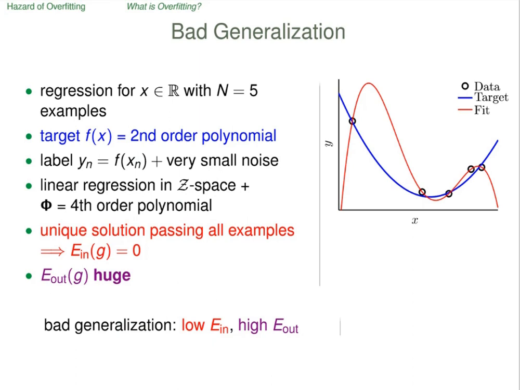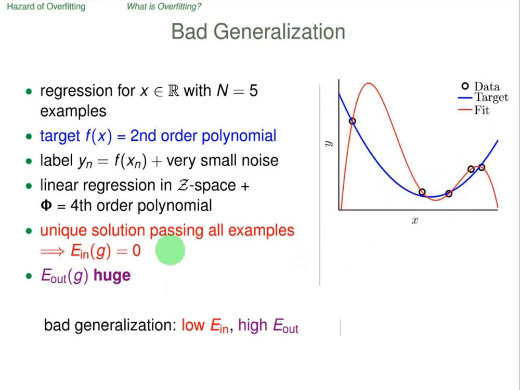Let us start with the following example here. We are given 5 points along with a target function in blue. We can see that the target function doesn't exactly fit some of the points, which means that there is some noise involved in the data. For example, this point and this point.